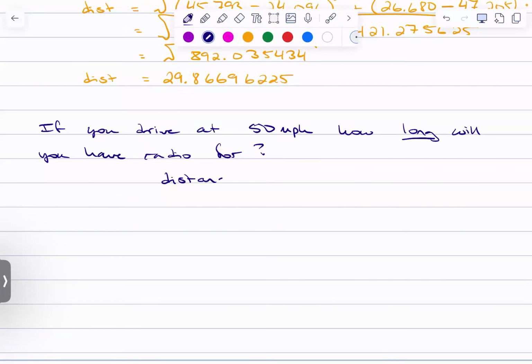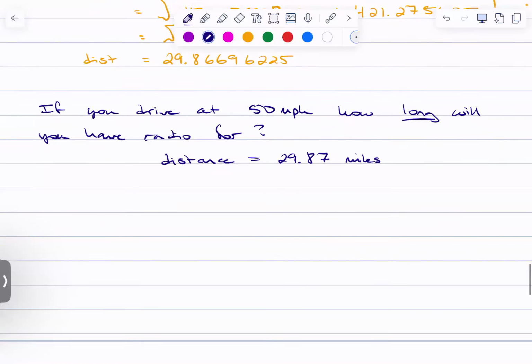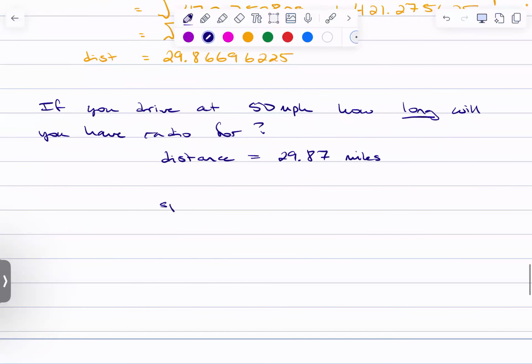So the distance, 29 point, let's say 87 miles. And the speed is 50 miles per hour. I expect it to be less than an hour, right?